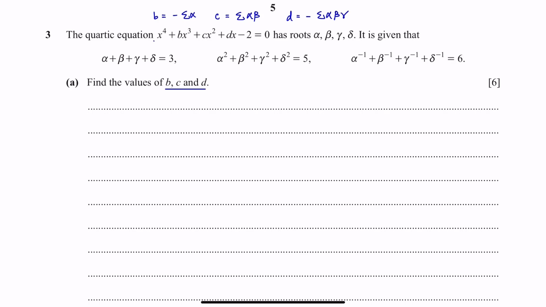Since the coefficient of x to the power of 4 is just 1, we can say that this is just this. If the coefficient is a, then this will be different. It will be b over a, c over a, and d over a. Since a is just 1, we can just ignore them for now.